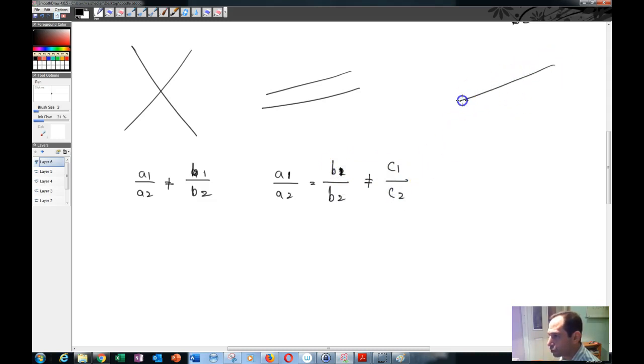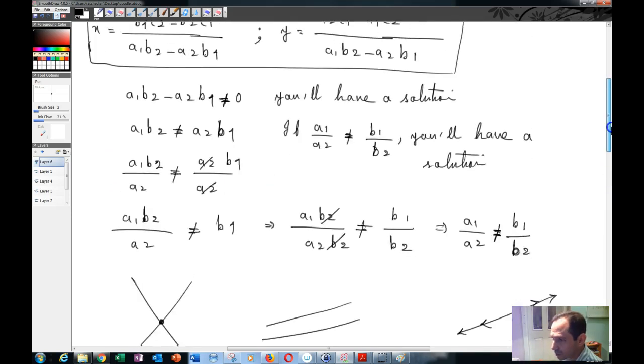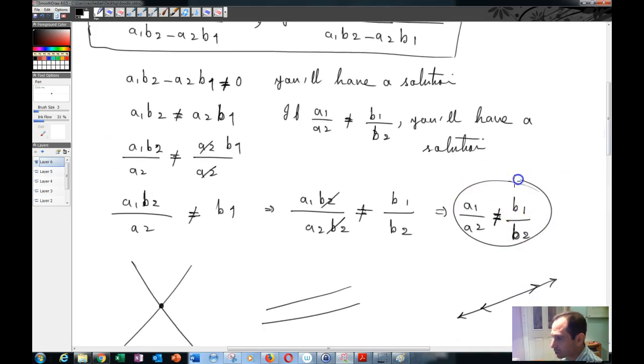And then we had two coincident lines, and in that case we said that a1 to a2 was equal to b1 to b2, which was equal to c1 to c2. So over here you can see that if you have a solution, which is this point, we said that a1 to a2 is not equal to b1 to b2, and that's what happens here as well.